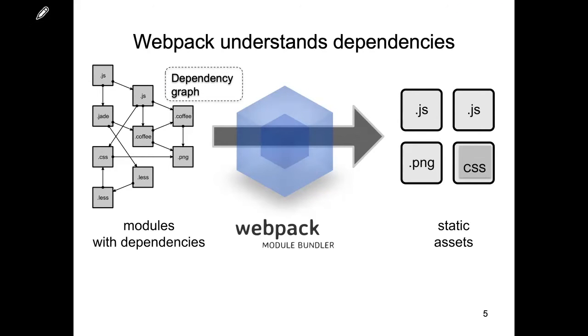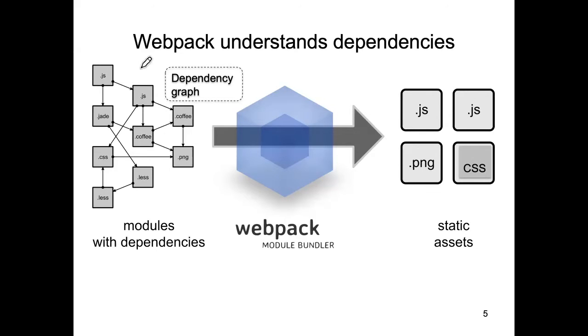In terms of the JavaScript, a module might contain just pure JavaScript, or it might contain other languages that can be converted into JavaScript, like TypeScript. In terms of modules that contain CSS, it may be raw CSS, or it could be something that can be converted into CSS, like Sass.